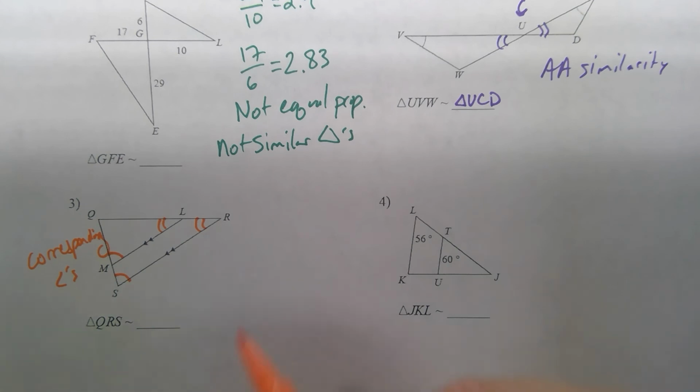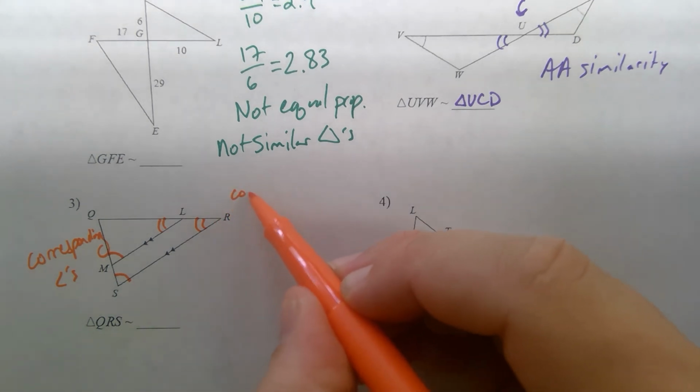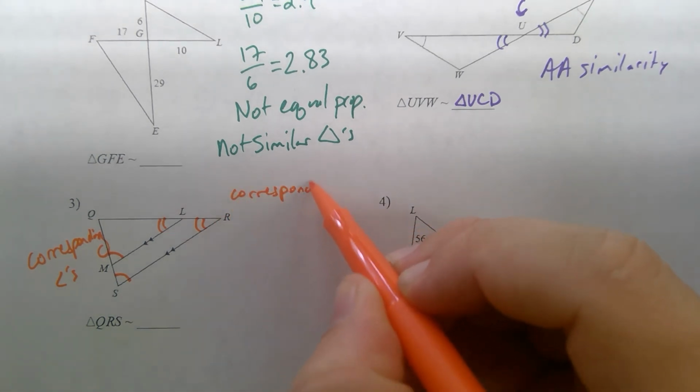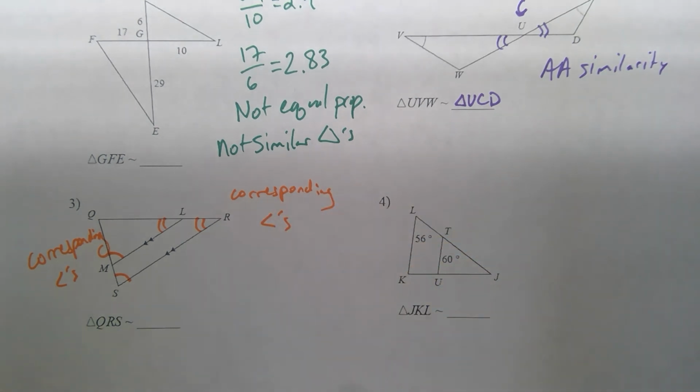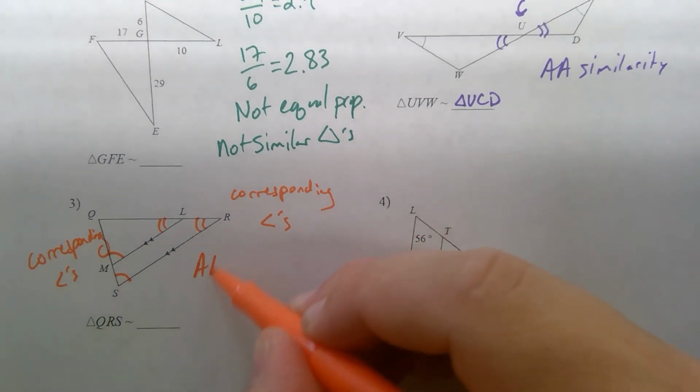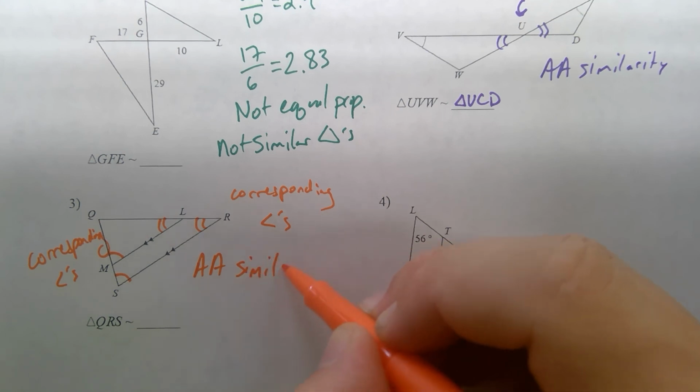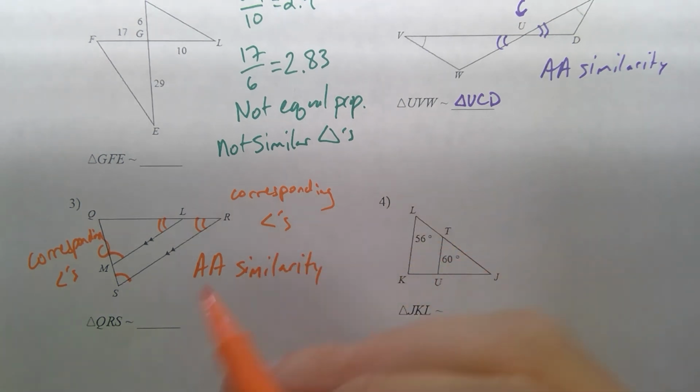Those are also congruent, but also because of corresponding angles. Okay, notice how I used one marking for these angles and two markings for these angles. And so we have angle similarity. Okay, so we start with Q, R, S. So we'll start with Q again, and then we go over to L and M.